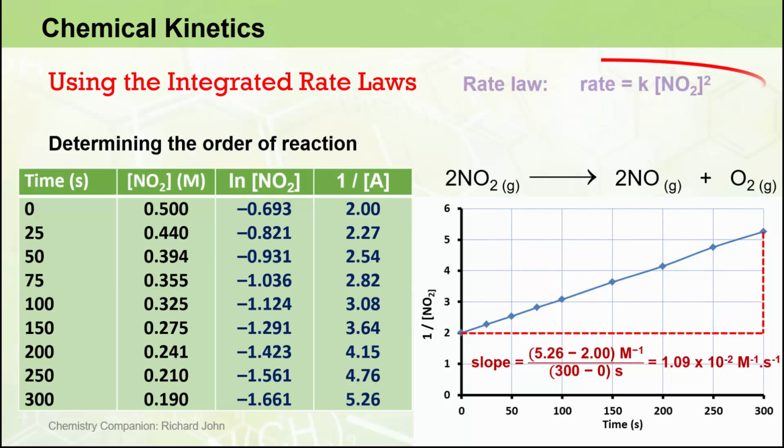We can now write a rate law for this reaction as rate equals the rate constant k times the concentration of NO2 raised to the power of 2, since we have determined experimentally that the reaction is second order with respect to NO2, and we have even calculated a value for the rate constant for the reaction based on the slope of the straight line.